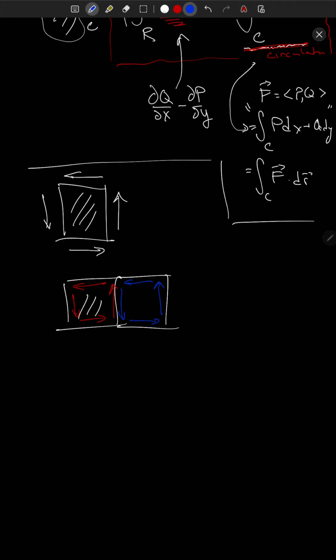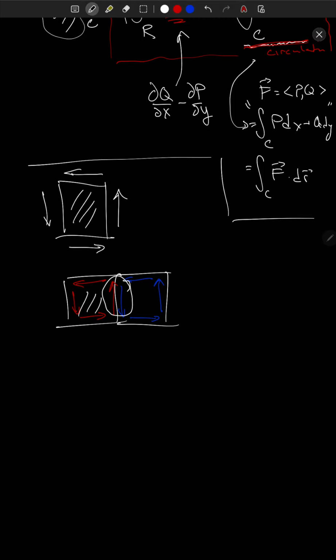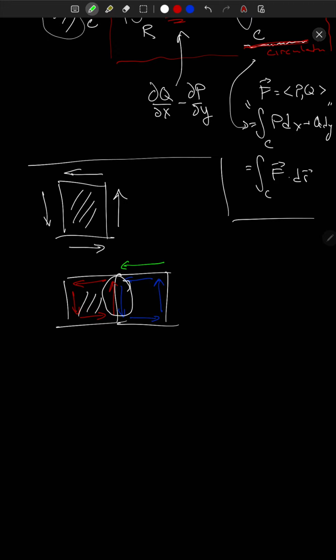So these two integrals in the middle cancel out. And what you ultimately end up with is exactly what you want on the right-hand side, the integral on the boundary. Then you just pile up the rectangles one on top of the other to fill up your whole region, and you've got the proof of Green's theorem.